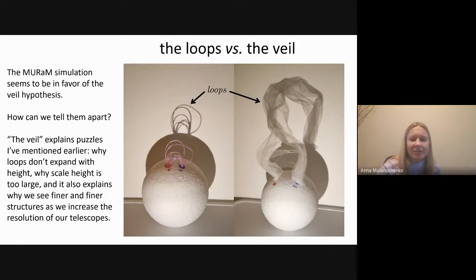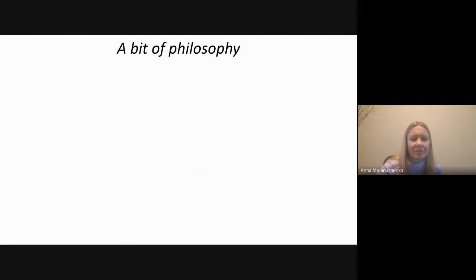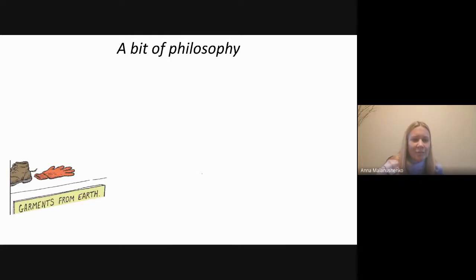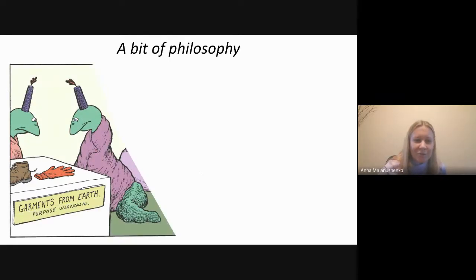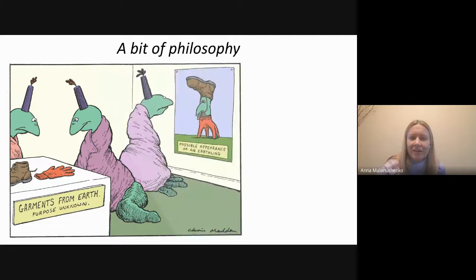Now, I would like to take a detour and talk about philosophy just a little bit. If you consider those two objects, which are garments from Earth, that have a purpose unknown to a group of aliens, these aliens, if they have absolutely no context, would struggle to reconstruct an appearance of an Earthling and would come up with interesting results.